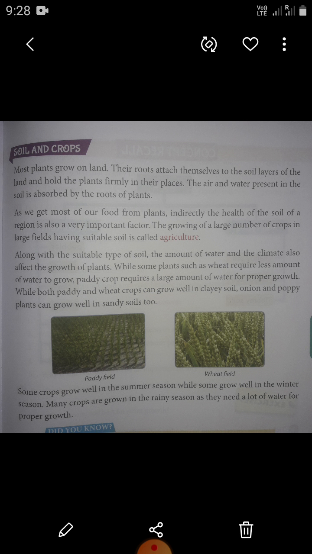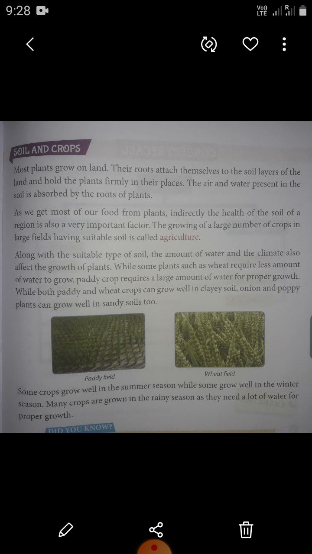While both paddy and wheat crops can grow well in clay soil, onion and poppy plants can grow well in sandy soils too. Some crops grow well in the summer season while some grow well in the winter season. Many crops are grown in the rainy season as they need a lot of water for proper growth.